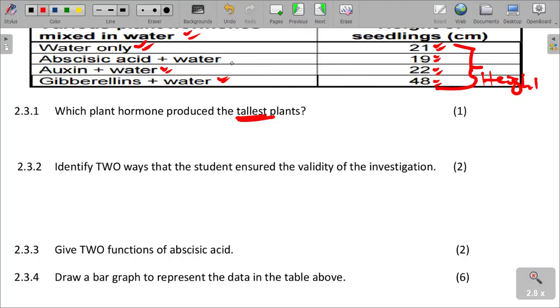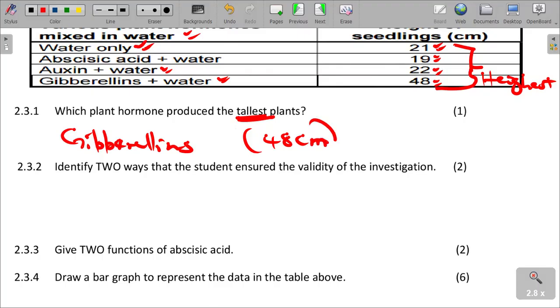So it is gibberellins, which produced the highest. Gibberellins have got 48 centimeters, which is the tallest.